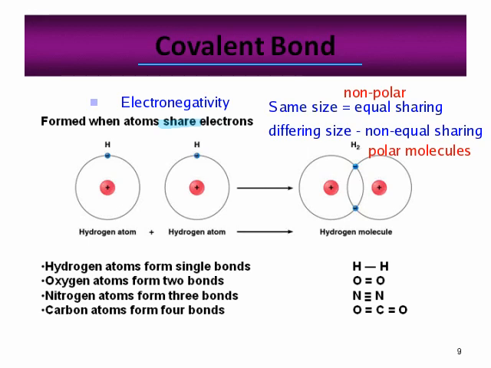But if we have two atoms that are vastly different in size, then the nucleus on one atom is going to have a greater tug, a greater pull, a greater attraction to those electrons that are being shared, and it's going to hoard them more of the time for itself. That's going to create non-equal sharing.